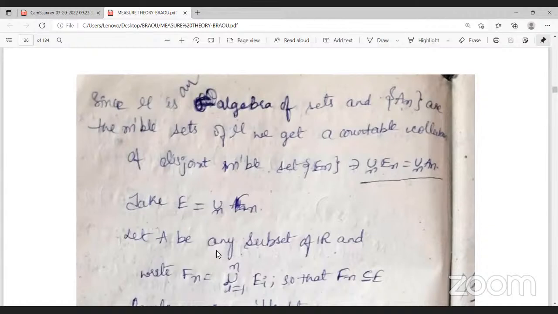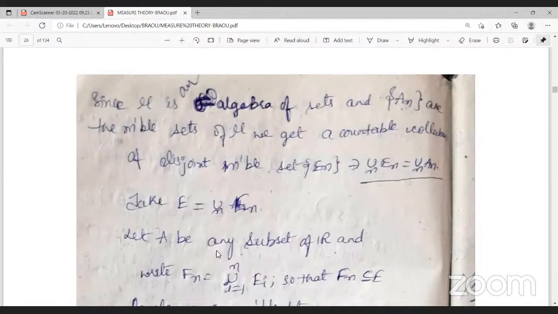And now we consider capital E equals the intersection n equal to 1 to infinity of En, and we define Fn.